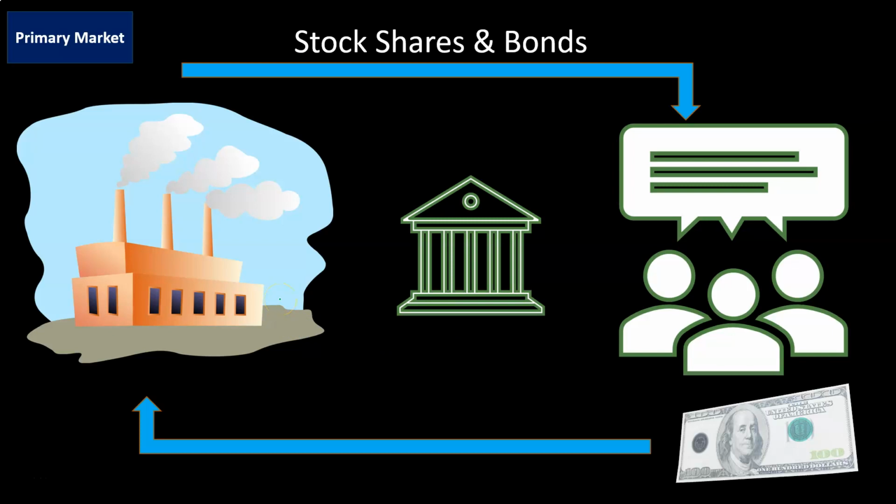So if you're issuing stocks, the stocks are actually coming from the company and the money goes into the company, as opposed to the secondary market, where the stocks are already out there and are being exchanged amongst the investors. The money coming from the business in the primary market could be an initial offering, an IPO, or issues of stock after that point in time. But the point is that those stocks are actually coming from the business.